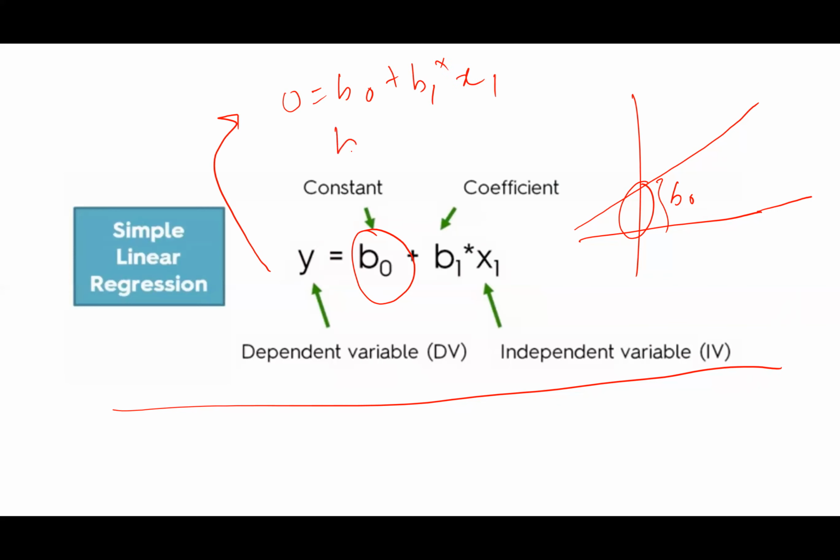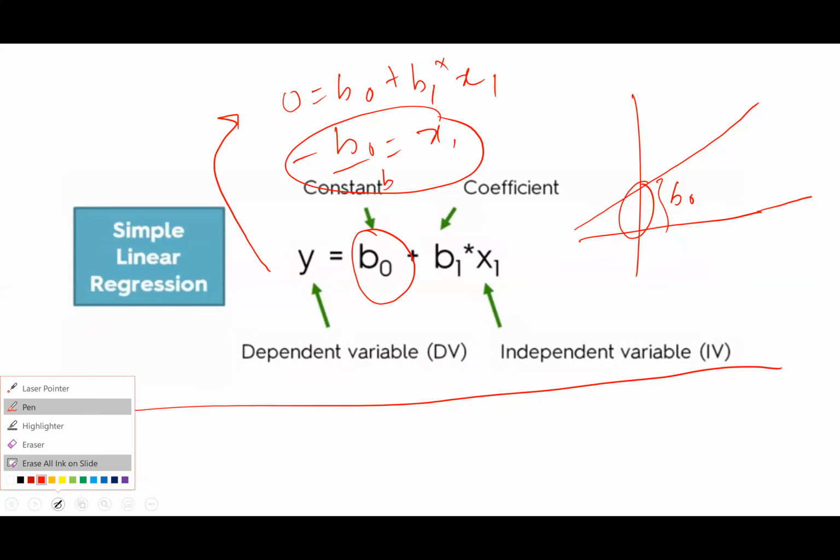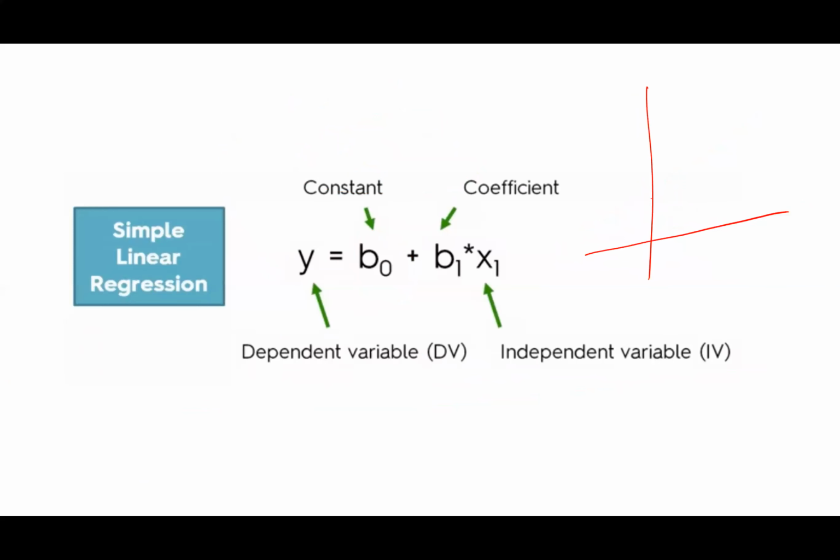So x1 is equal to minus b naught by b1. If this is the line, then this length is b naught and this slope, tan theta, is equal to b1. These are the two general relationships, right?